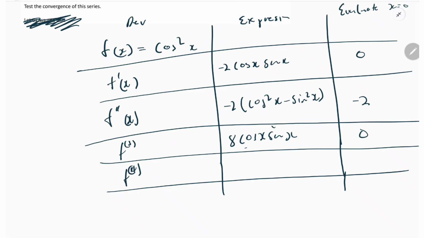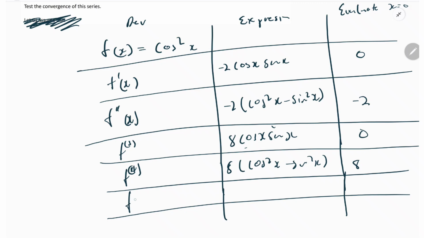Then let's try the fourth derivative. The fourth derivative will be 8 times cos squared x minus sine squared x. I hope you can see the pattern. Then if I evaluate here, I'm going to get 8. Then for the fifth derivative, it's going to be negative 32 cos x sine x.